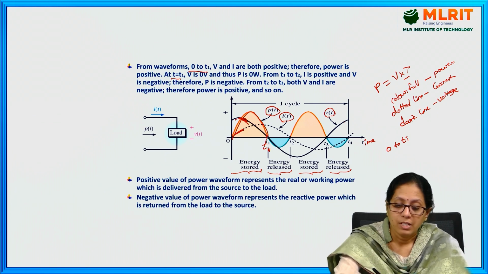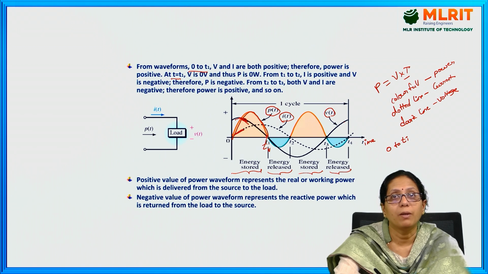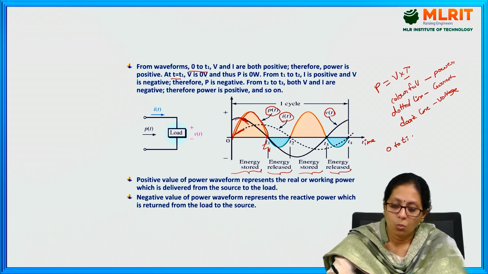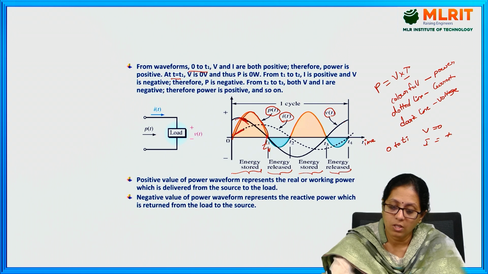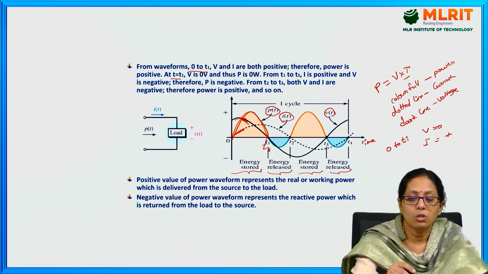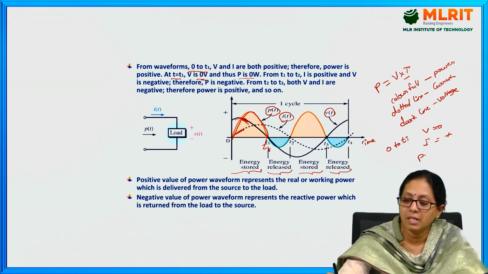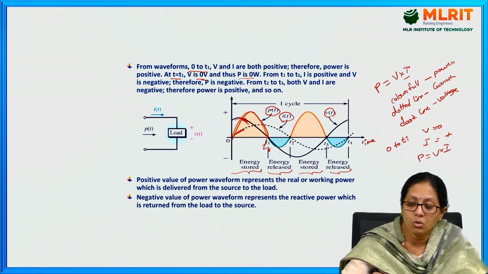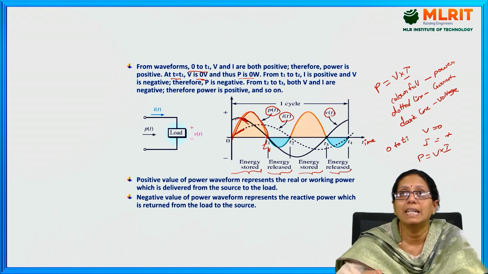At this particular point T1, voltage is equal to 0, current is positive, and thus power is equal to 0 because P is equal to voltage into current. So power is equal to 0 at this particular point T1.